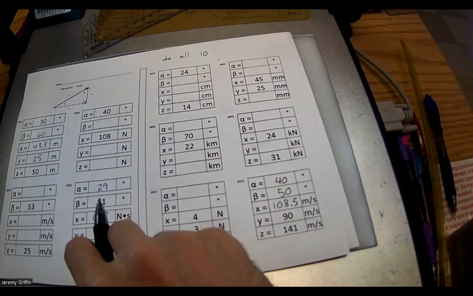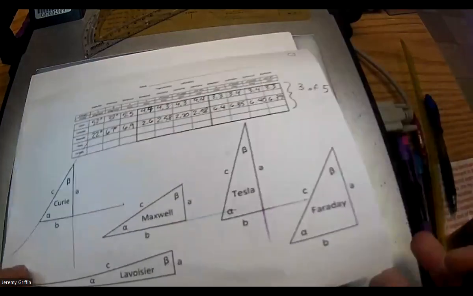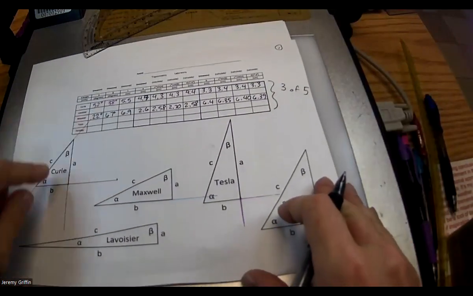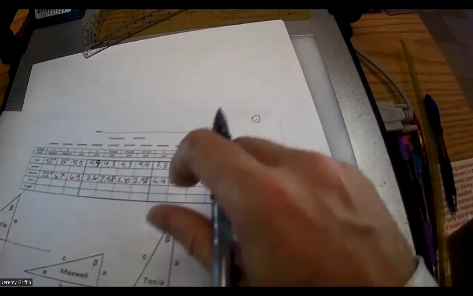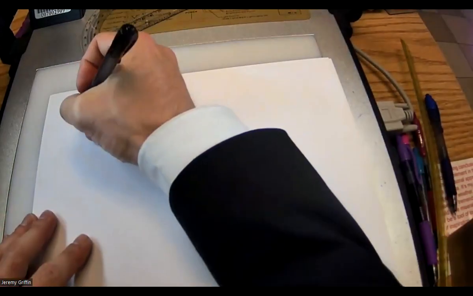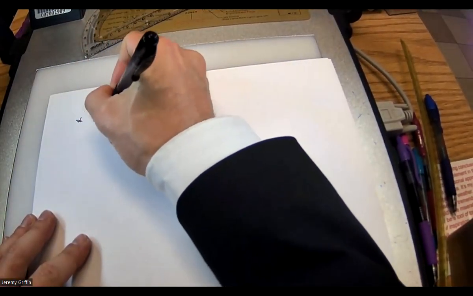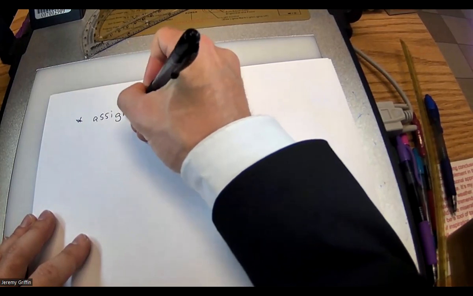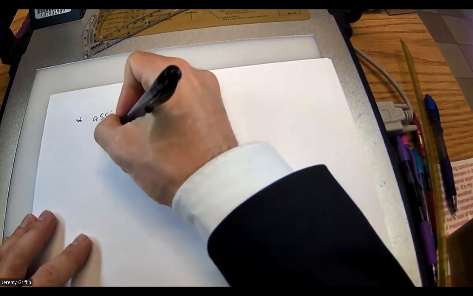So which one? The Lavoisier triangle? Oh, the little skinny one? Yeah, I'll do that. Okay, let me go ahead and jot this down. Right, so here's your assignment, and I'm gonna pick this paper up. So assignment, right?